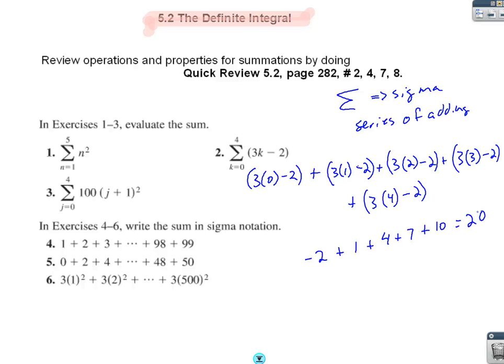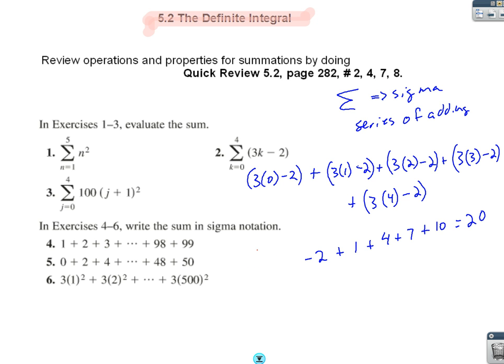Finally, the next thing we're going to go to is number 4. And we're going to take a look at it, and it says write those in sigma notation. When I take a look at number 4, I see that each time, all I'm doing is adding 1.